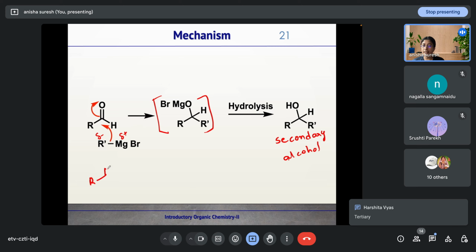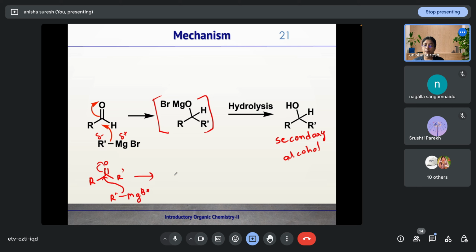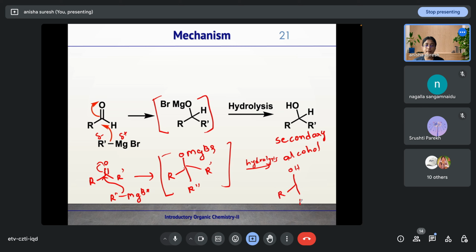We can see we have a ketone and it is reacting with RMgBr, we will get this intermediate, which upon hydrolysis we will get ROH.